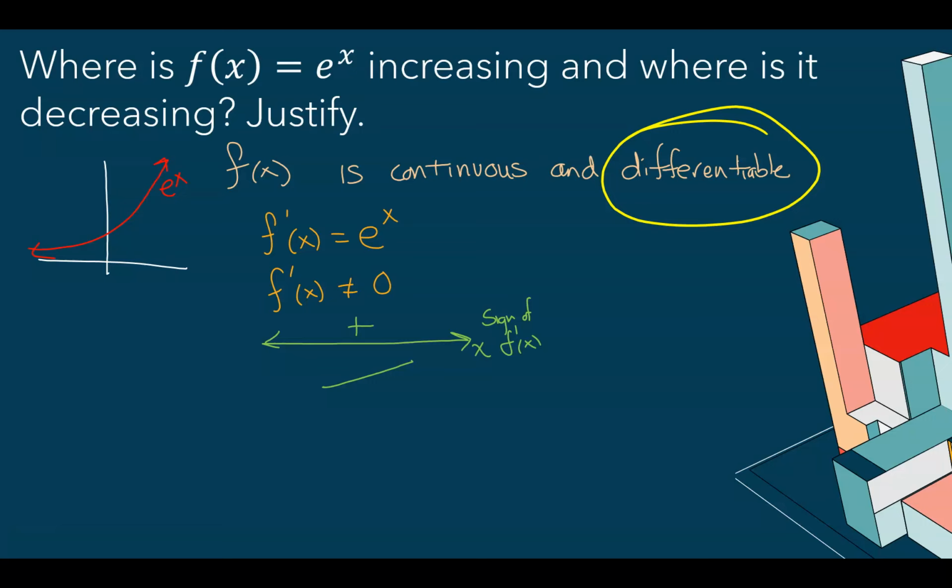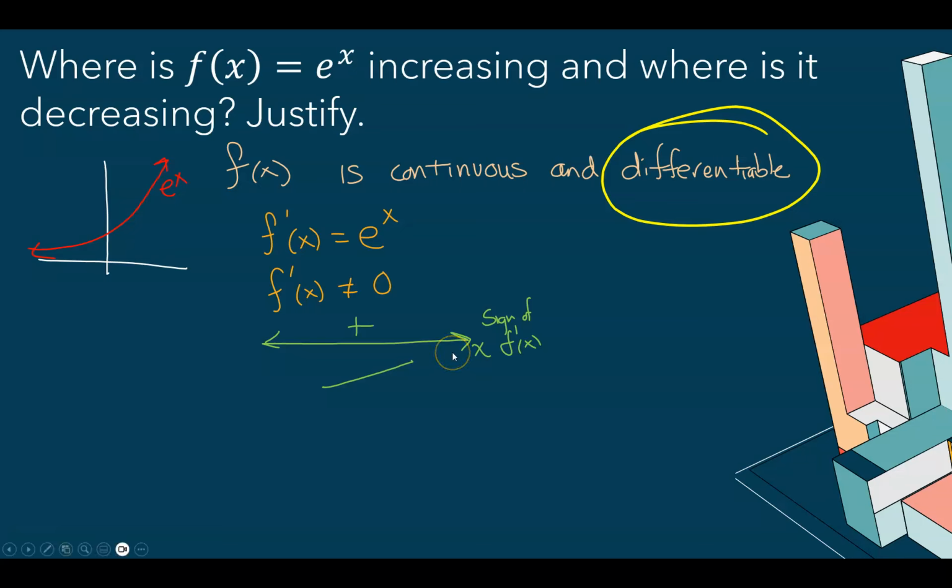And so my sign chart is pretty boring as well. Remember, we want arrows at the end of our sign chart because we have a domain of all real numbers. We have this little x down here saying our input is an x, and this is the sign of f prime. And you can tell, based on the graph of e to the x, any input, 0, 1, 2, 1/2, choose a weird number, gives a positive output.